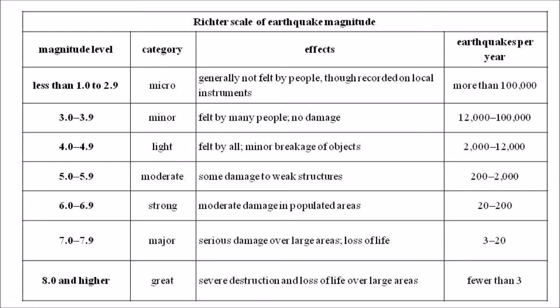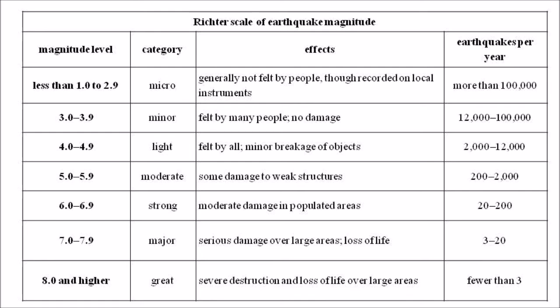Earthquakes between magnitude 7 and 7.9 are categorized as major earthquakes, and these will cause severe damage over large areas, and may cause loss of life. About 3 to 20 major earthquakes occur on our globe in a year.